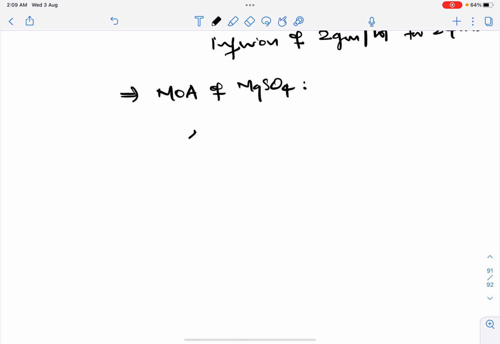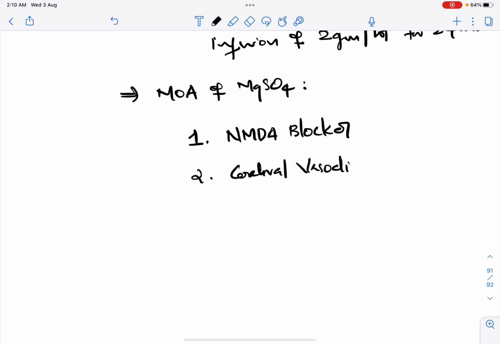Here the mechanisms of action include, first one is NMDA receptor blocker. Second one is, it will cause cerebral vasodilation. Third one is, it will block calcium channels. These are the mechanisms of action of MgSO4 in eclampsia.